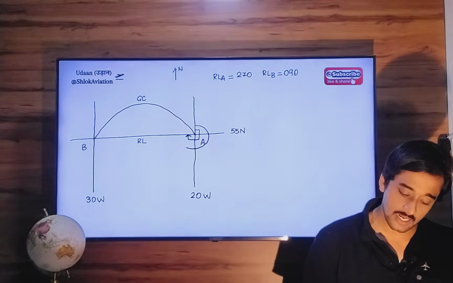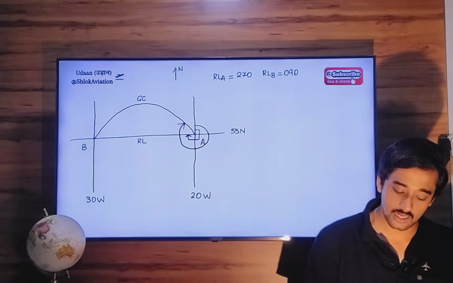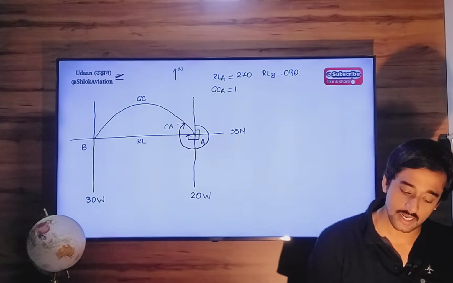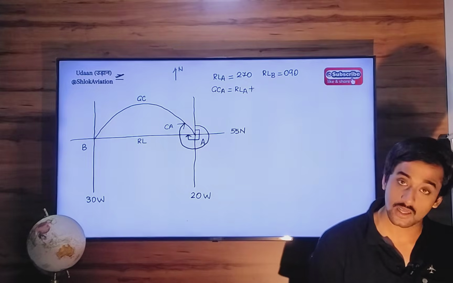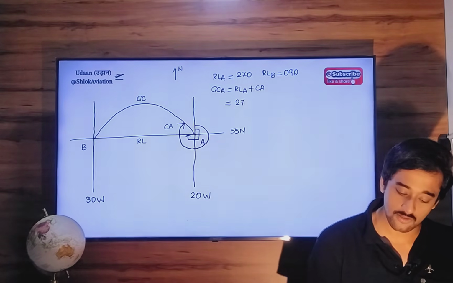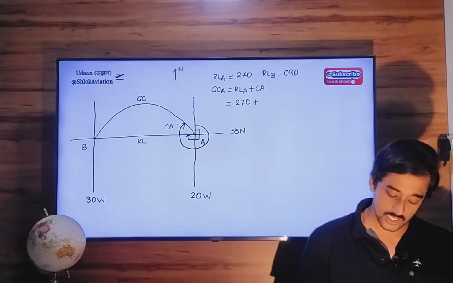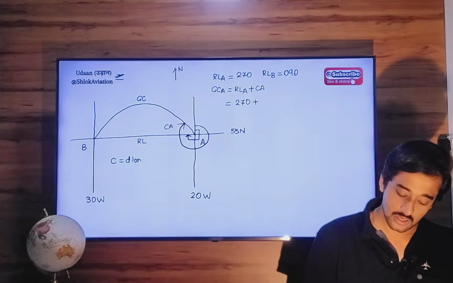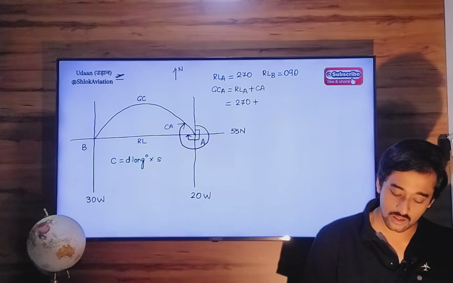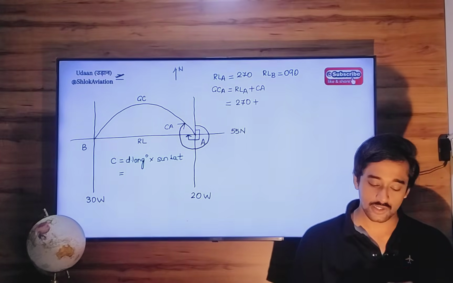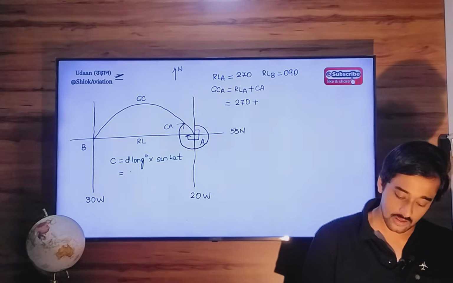That is Rumline track this much plus another angle, plus the additional convergency angle. So great circle track at A is Rumline track at A plus convergency angle. So 270 plus convergency angle. What is convergency here? Convergency is d long in degree into sine lat. What is the difference between the longitudes here? It's 10.